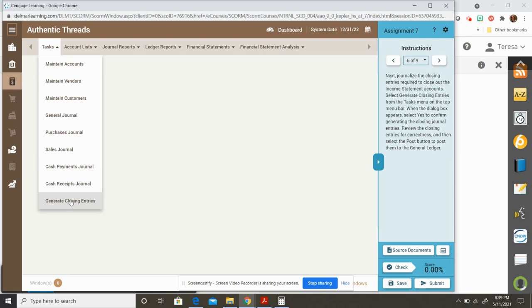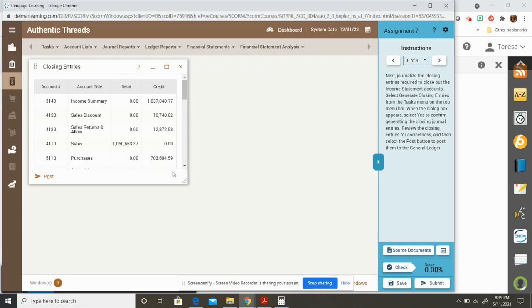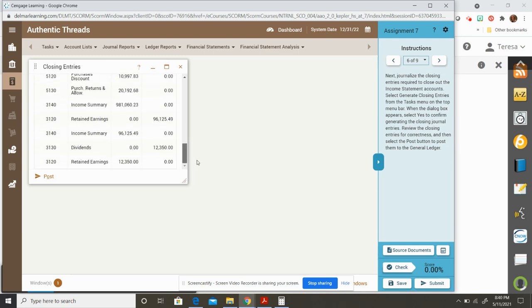And what we're going to do is close out all of the temporary accounts that appear on our income statement. So you're going to generate your closing entries. It'll populate it for you. Isn't that so cool? And then you're just going to post them.